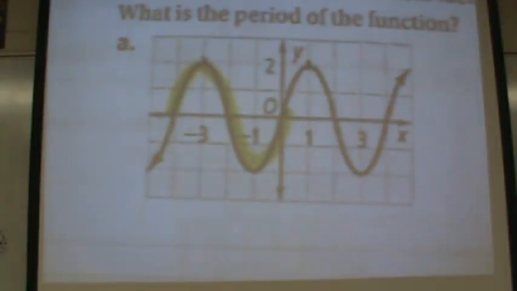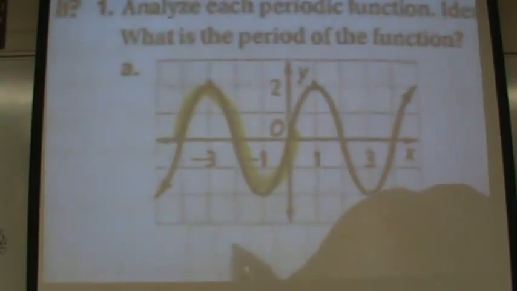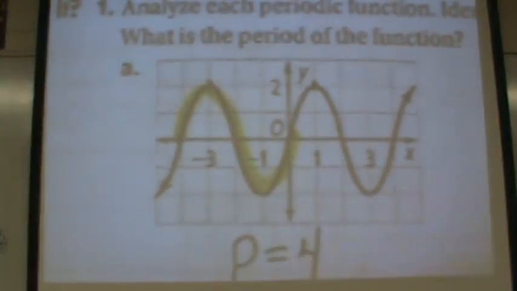What is it? How many units did it take to complete the entire cycle? 4. That's your first objective. Did we hit our first objective? Can everyone in this class tell me the length of a cycle? Yes or no? Yes. Okay, so this cycle, the period, we're going to say is 4.